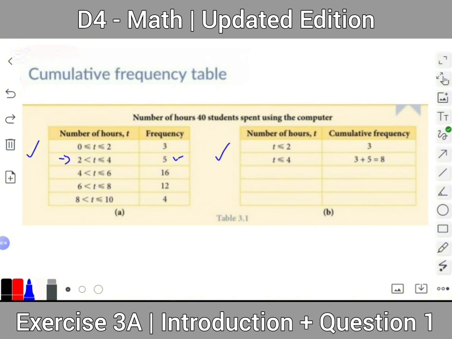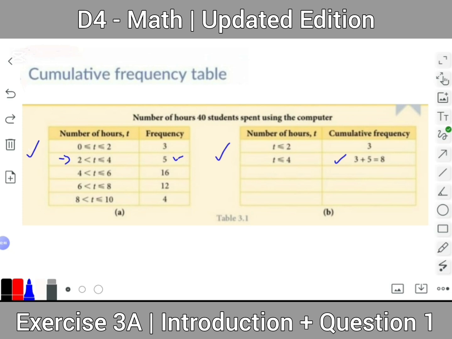So for the next entry, the hours spent go from 0 to 4, and we need to add together both of these frequencies, or we could just add on 5 to the last one, which was 3. So 3 plus 5 gives us a cumulative frequency of 8.